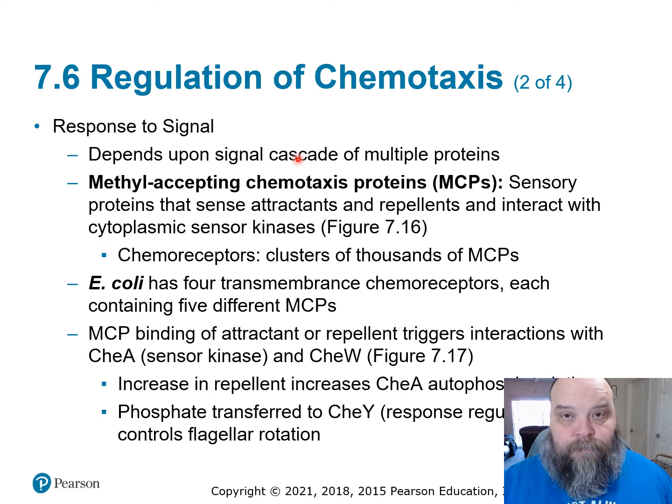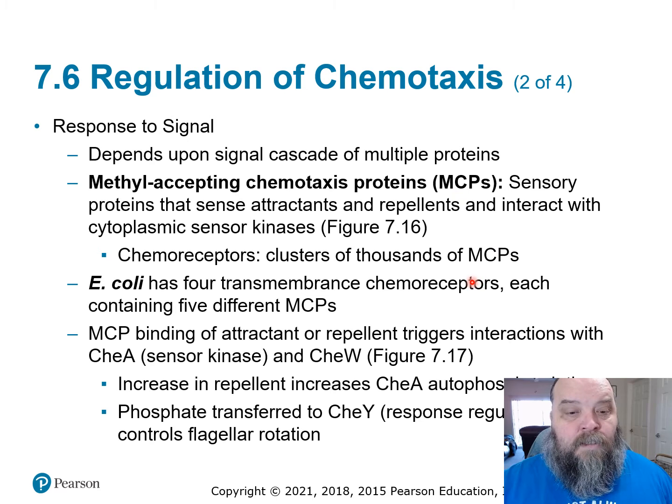Response to signals here for chemotaxis is going to be based on, like I said two slides ago, a cascade of proteins, similar to, but not quite the same as what you've learned about in intracellular molecular and cell biology. Many of these proteins are referred to as methyl-accepting chemotaxis proteins, MCPs.